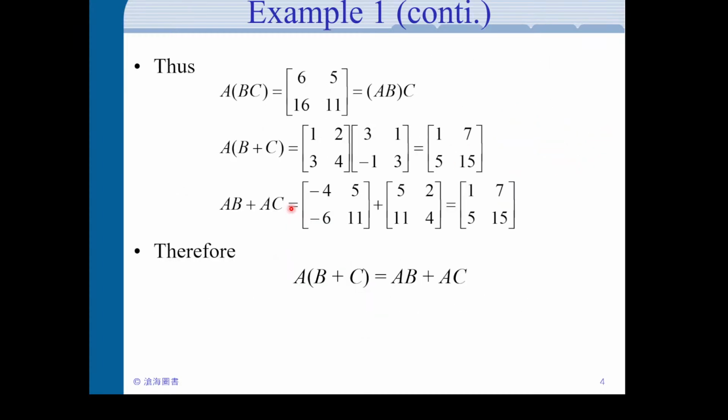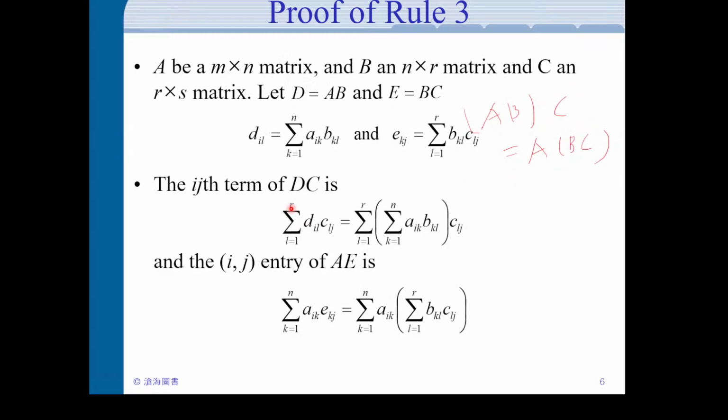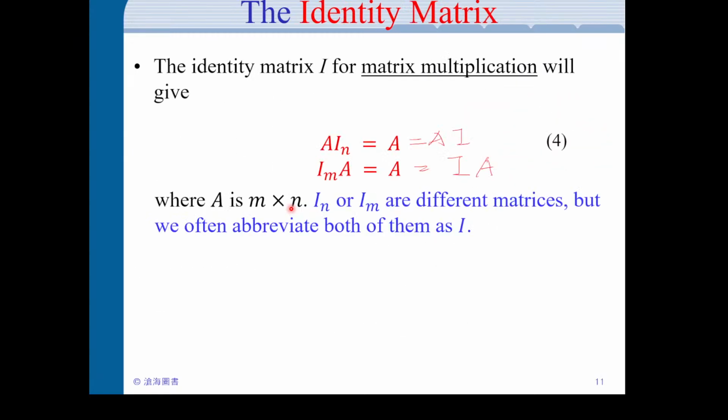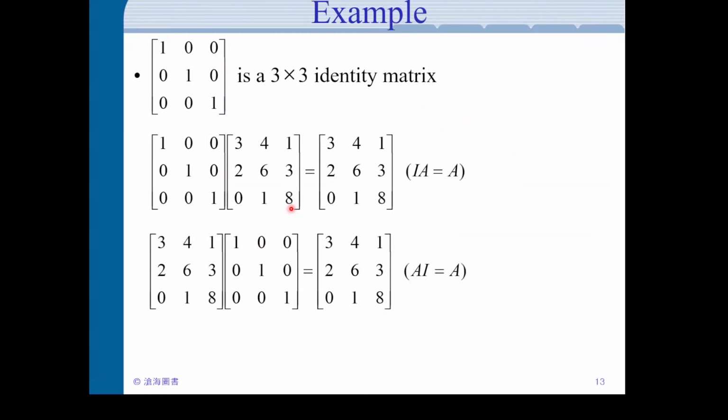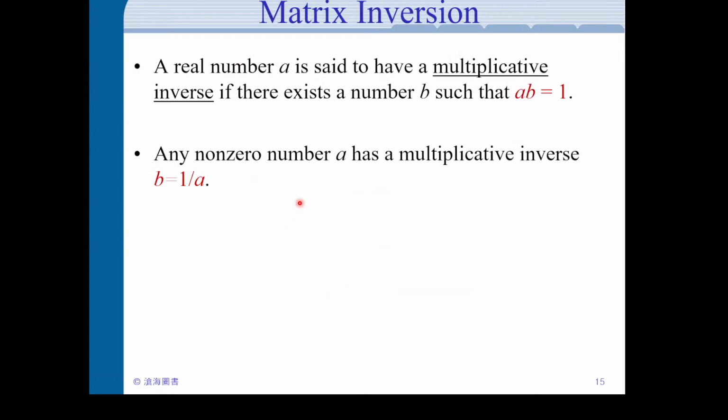Back to matrix properties. We have a whole bunch of matrix algebraic rules here, and now we come to something we avoided for quite some time in matrix algebra: the inversion of matrix multiplication, that is, matrix inversion.